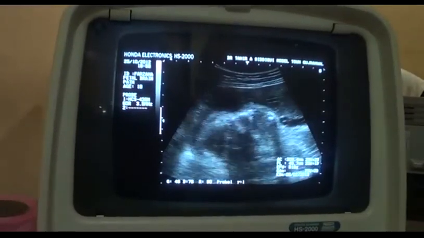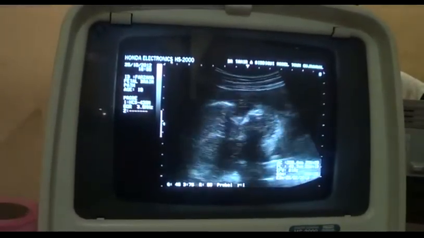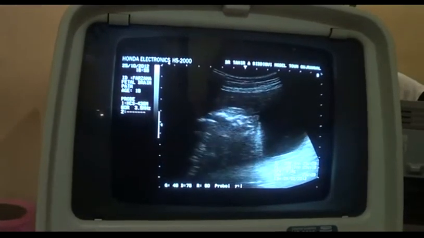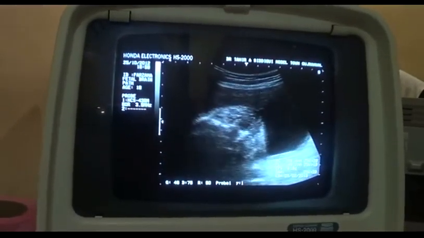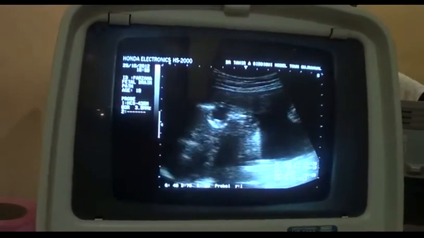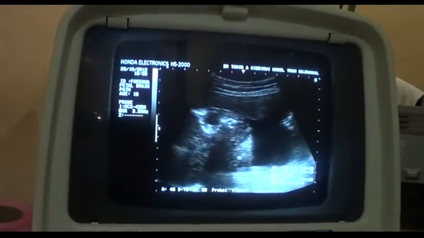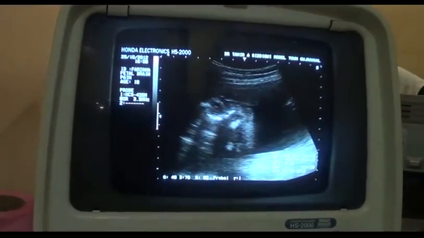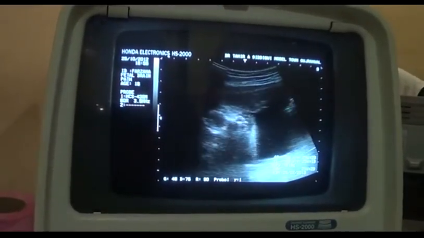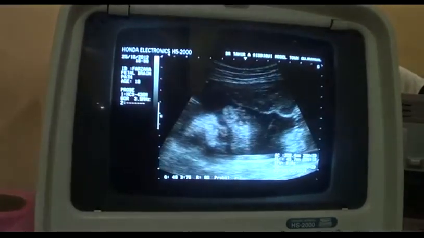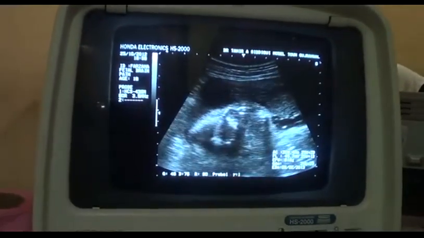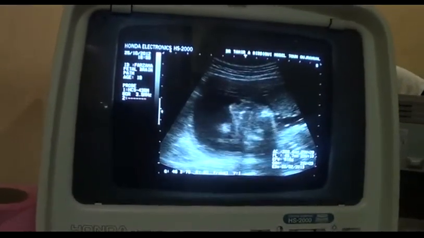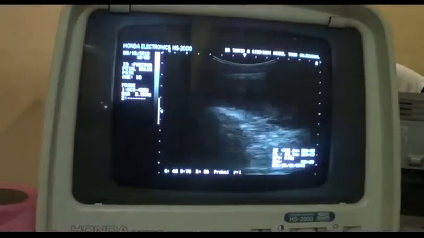So I don't see any significant anomaly relating to the fetal face or its facial structures. There is absolutely no evidence of cleft palate.